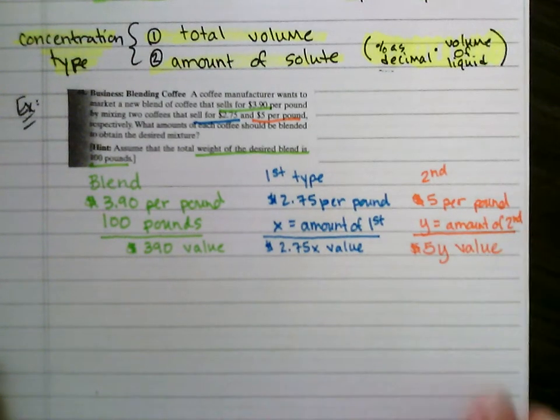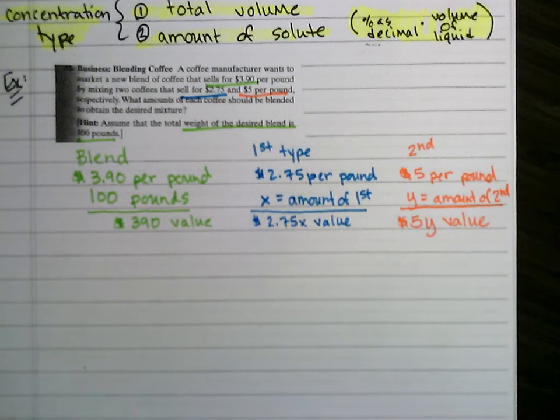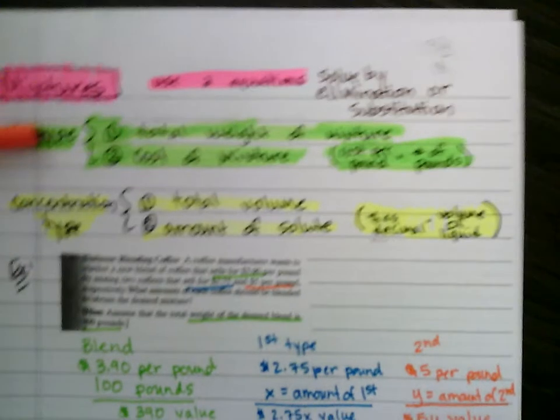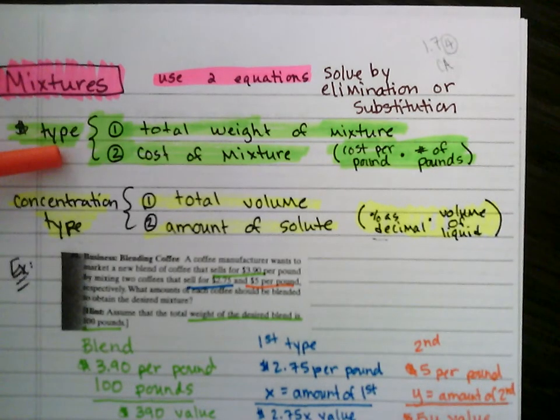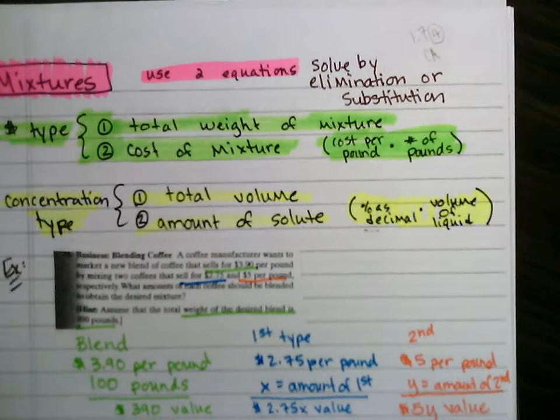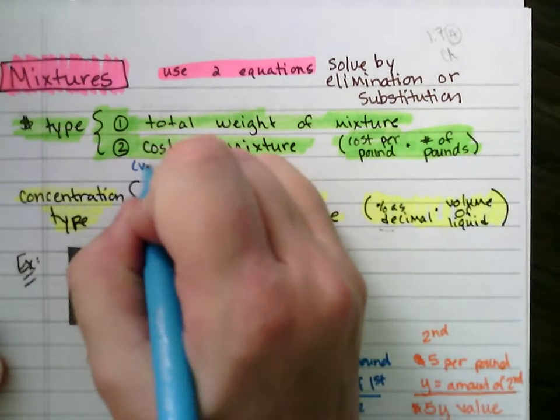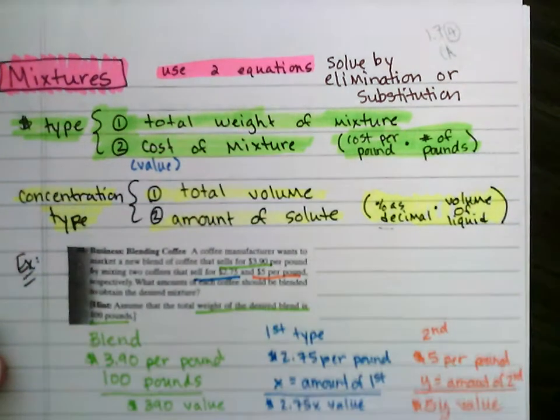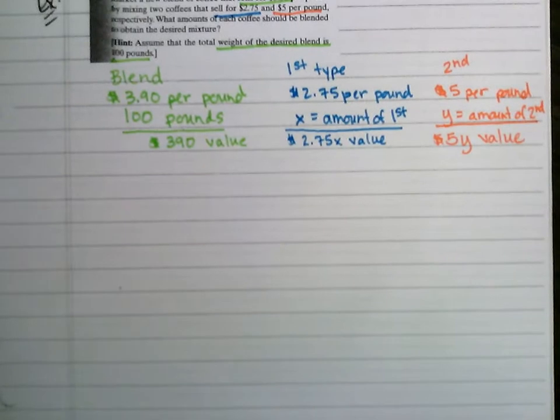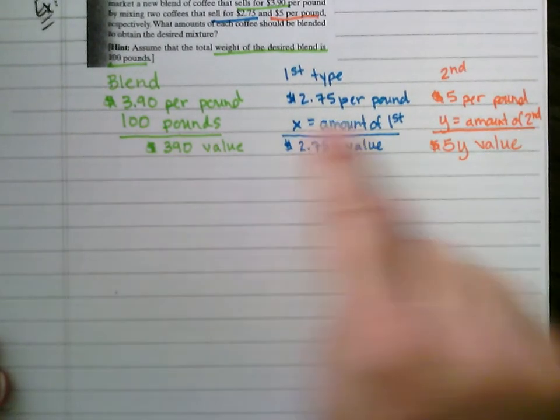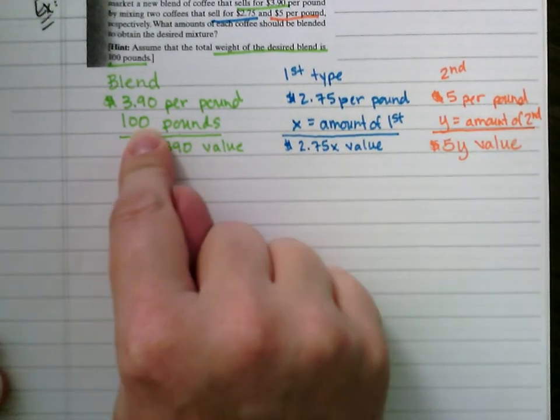Okay. So our two equations for these mixtures, we're going to have one that has to do with the total weight and one that has to do with the total cost or value of the mixture. So here we've got our two equations. Here's our weight equation. We have 100 pounds in the blend.